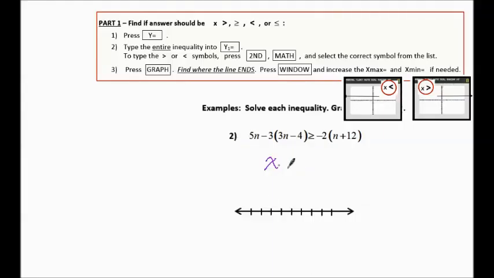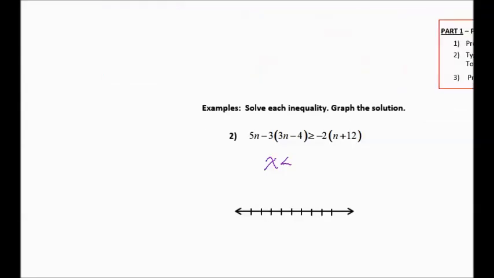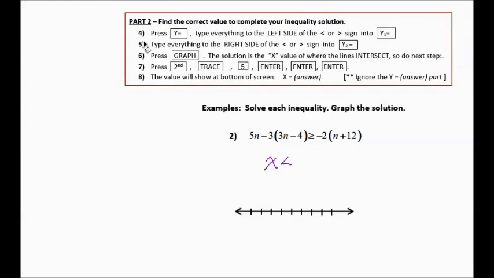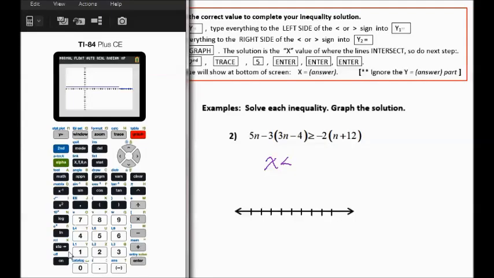To do that, we are going to do the next step here, part 2. Part 2, you go back to your calculator, go back to y equals, you clear what you have there because we are going to do a new step.